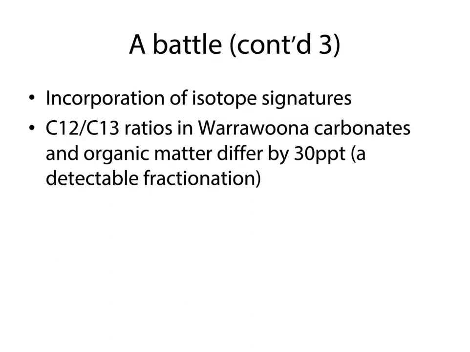Another way to potentially identify life is to use what's called isotope signatures, okay? And so what happens is very often when a critter is alive, and you have different isotopes of the same element, sometimes for whatever reason, one isotope of the element is preferred over another.